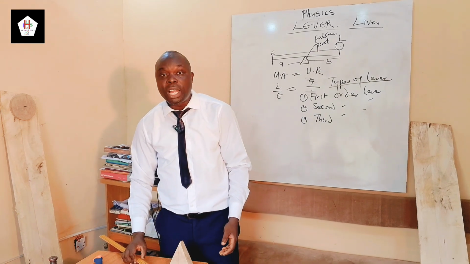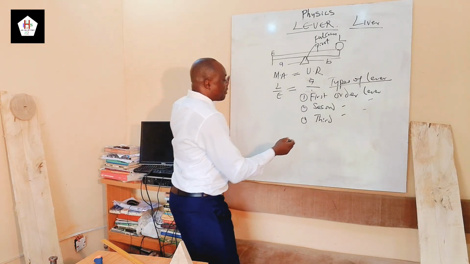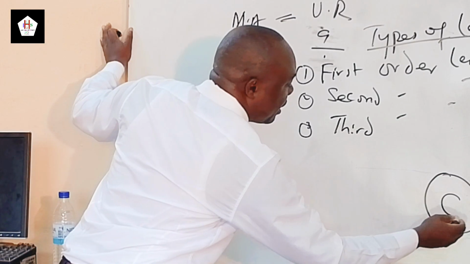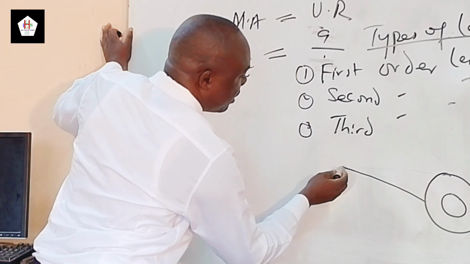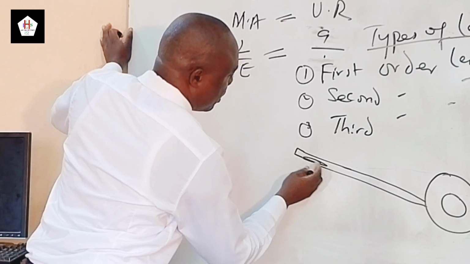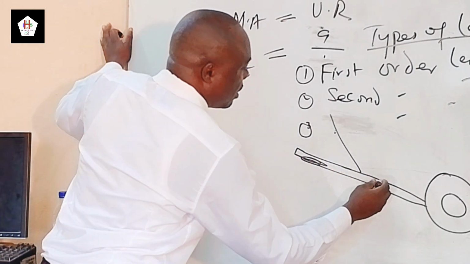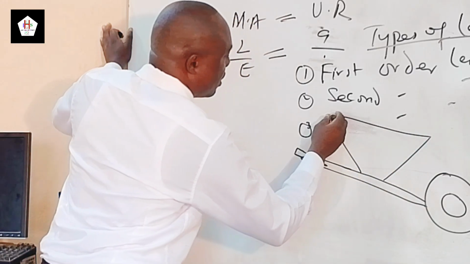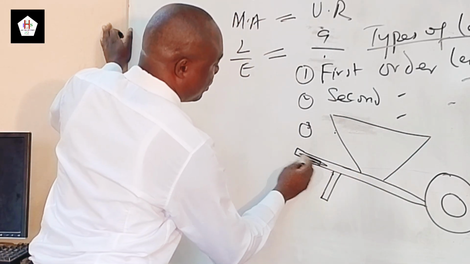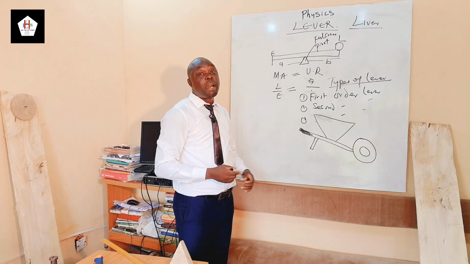Now, second order lever. Second order lever is seen here. For example, look at the board here. Let's assume that this is a wheelbarrow.